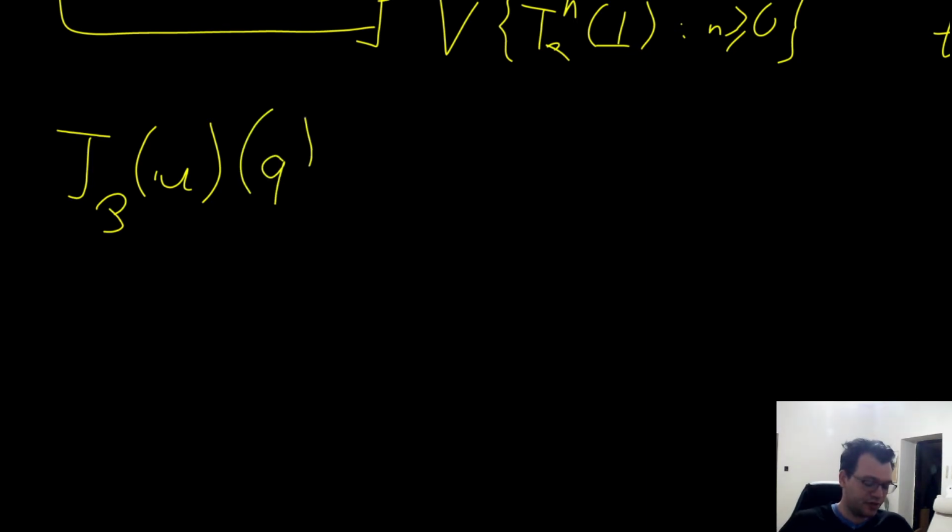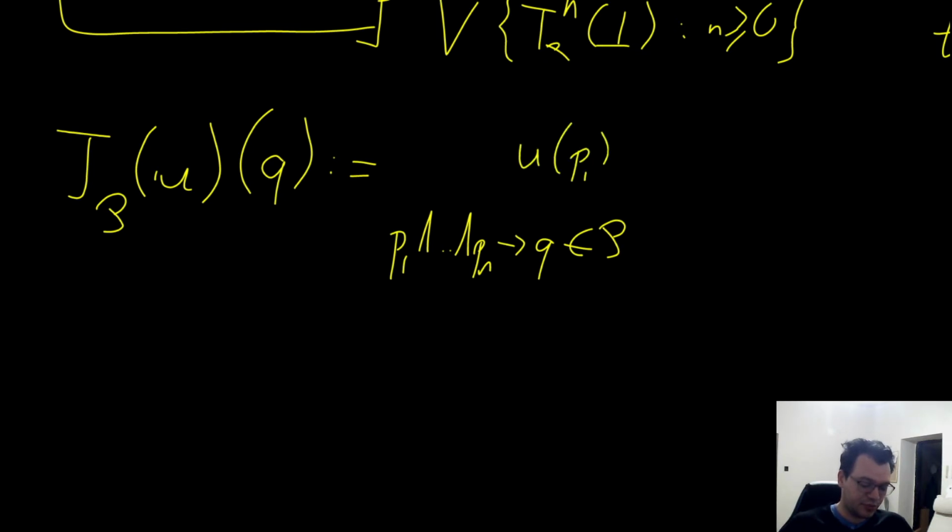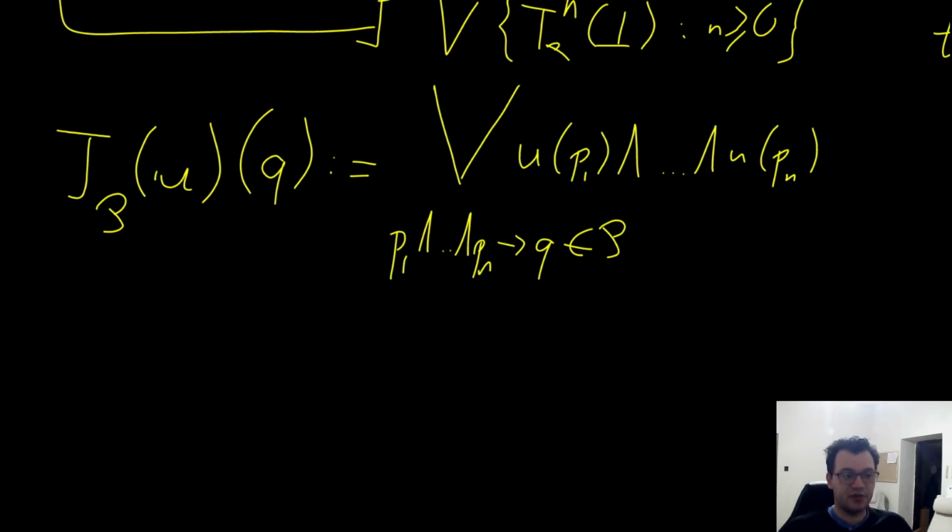For a variable q, we collect all the clauses having q as their head in the program P, evaluate their bodies according to the old assignment u, p1 and so on, pn, and then take the supremum of these values.